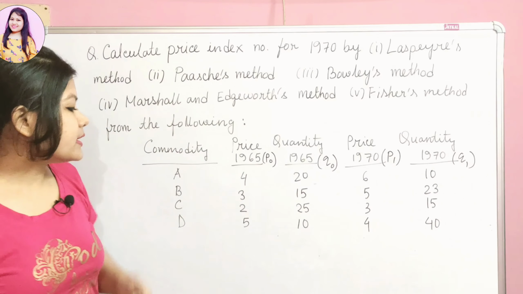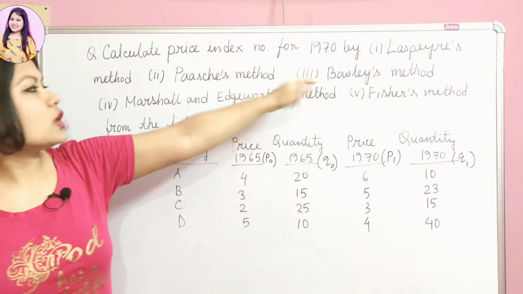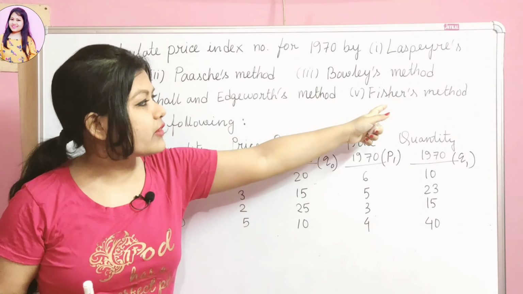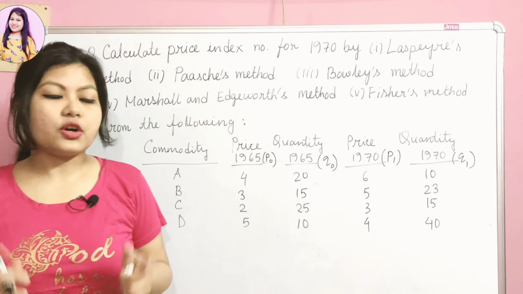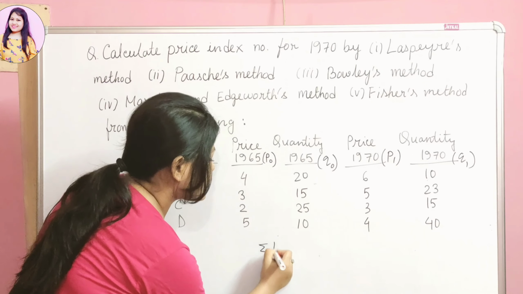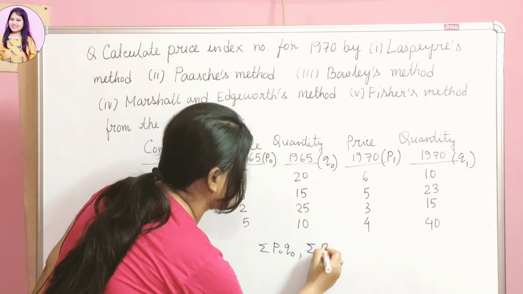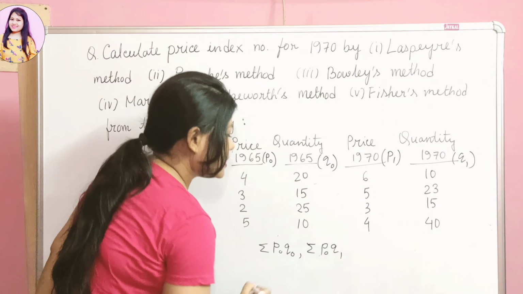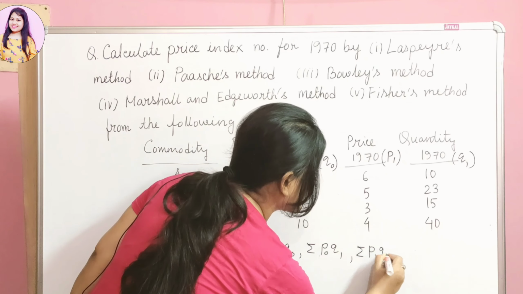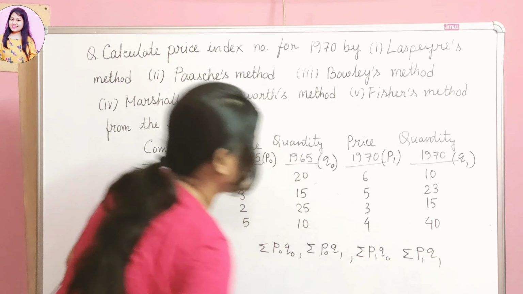Now for Laspeyres' method, Paasche's method, Bowley's method, Marshall-Edgeworth method and Fisher's method, we need the summation of P naught Q naught, summation of P naught Q1, summation of P1 Q naught, and summation of P1 Q1.